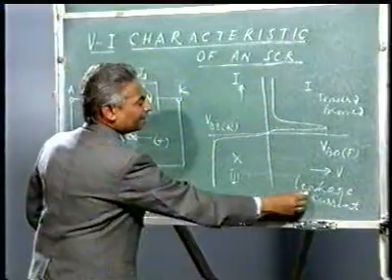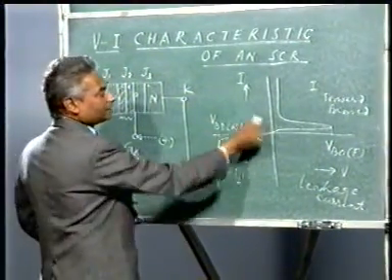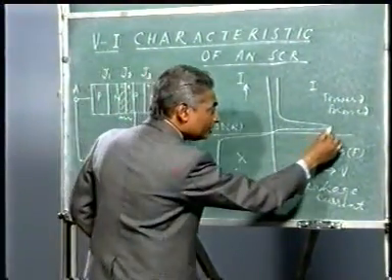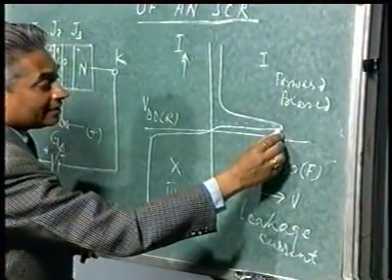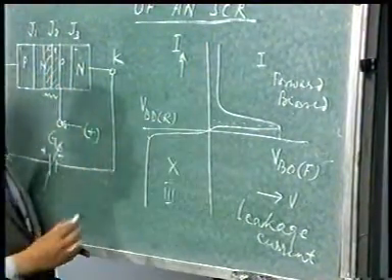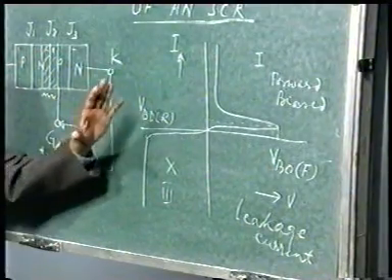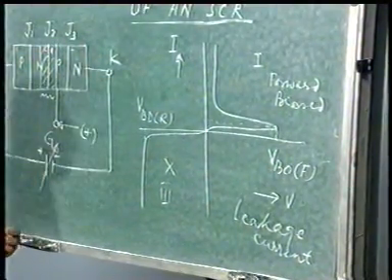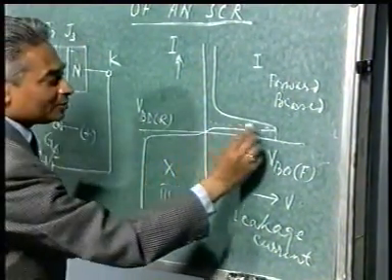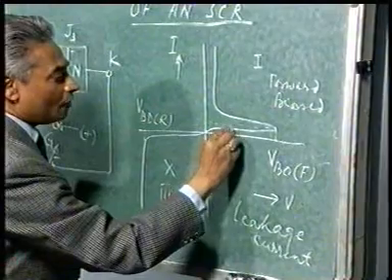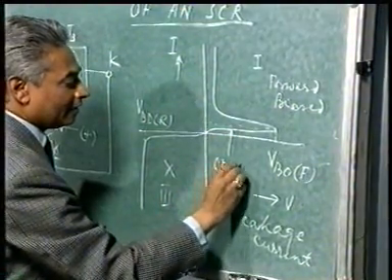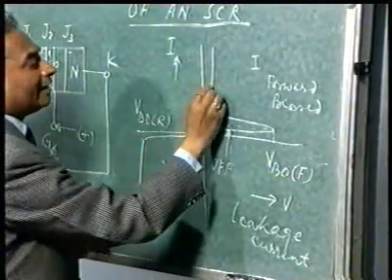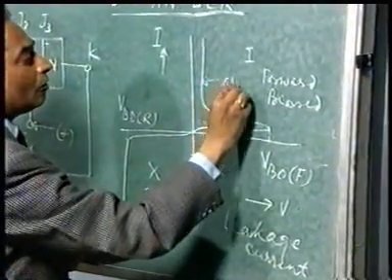At this point, which is VBOF, there is a certain inrush of current and the device starts conducting. That means up to this point it is the off state, and here it is the on state.